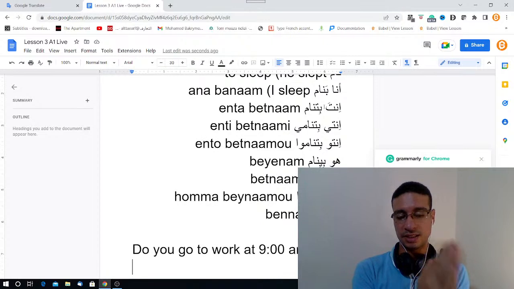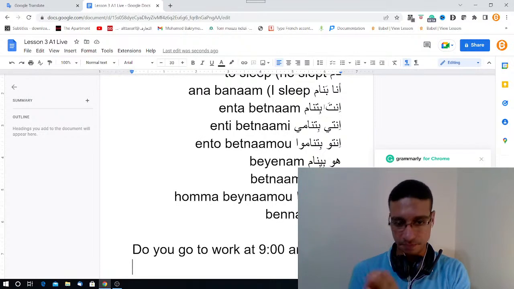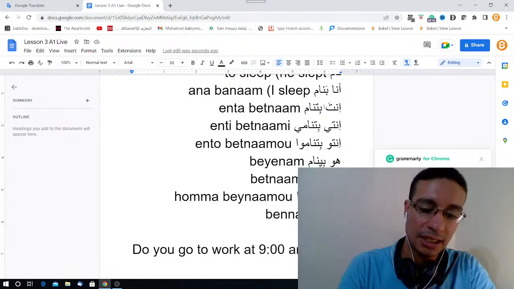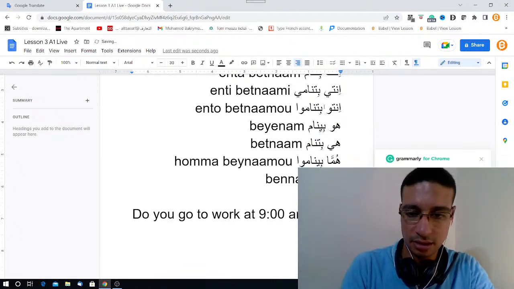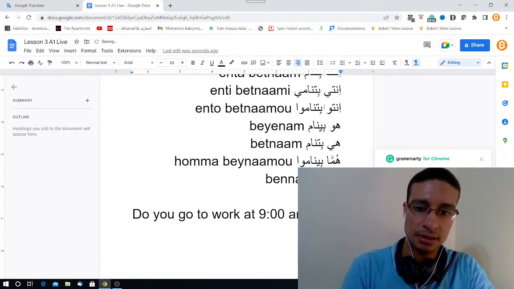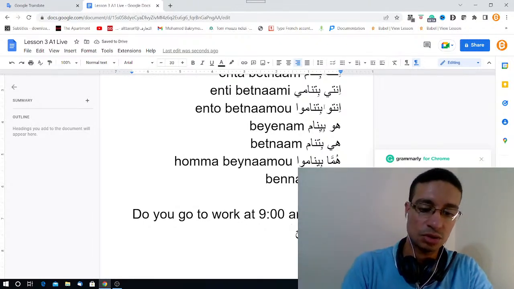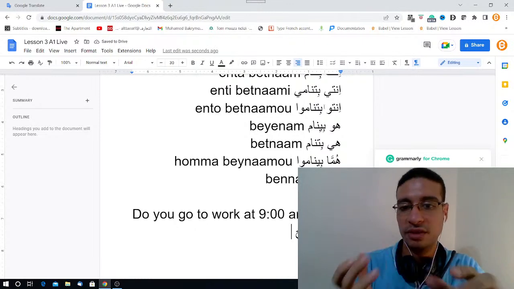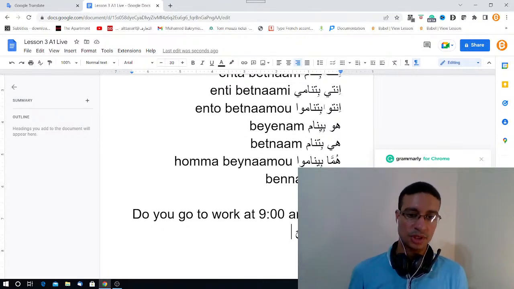So the sentence will be: you go to work at 9 in the morning. You can be enta, the masculine, and inti, the feminine. So enta بتروح, you go, to work. By the way, with the verb راح, يروح, the verb to go, in Egyptian Arabic you don't need a preposition after it.